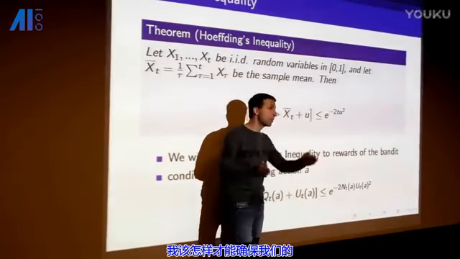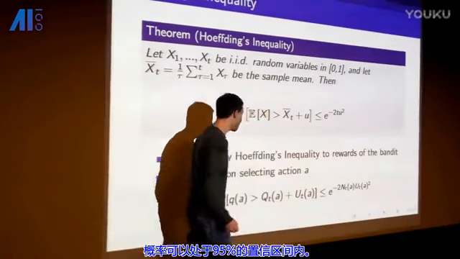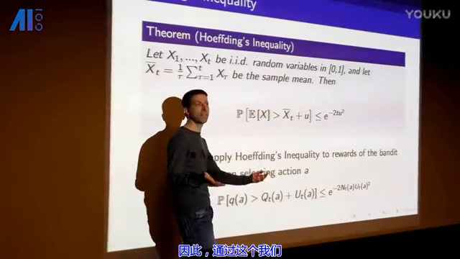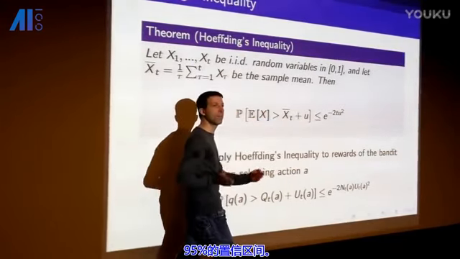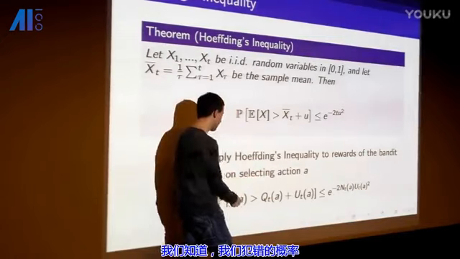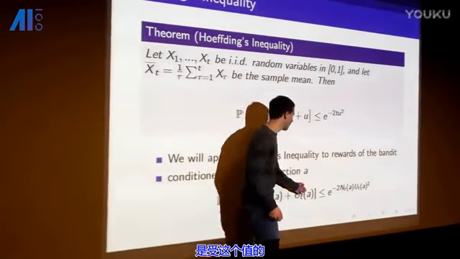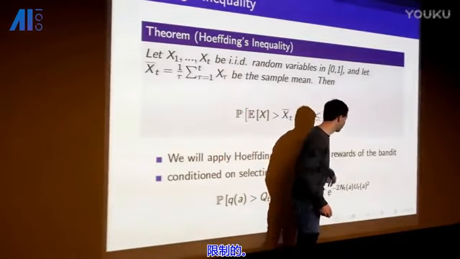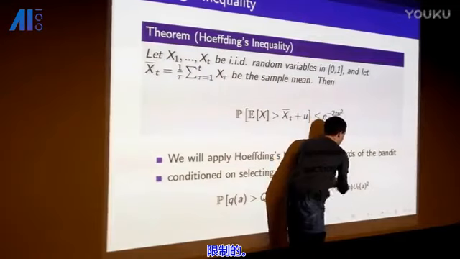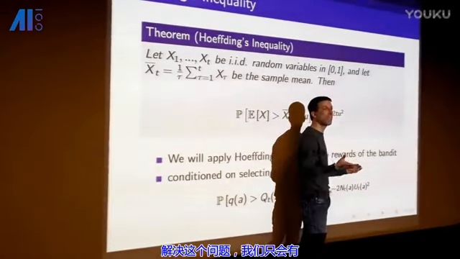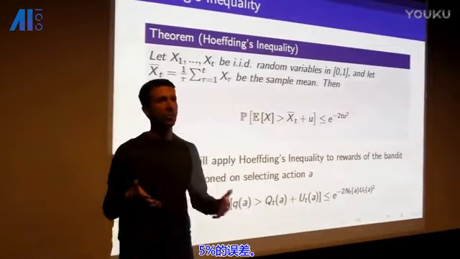So we want to know where I should place my upper confidence so that this probability is within, say, the 95% interval. This gives us a way to compute these 95% confidence intervals, because we know the probability that I make a mistake of more than this U value is bounded by this value. So if we plug in 5%, we'll solve for our upper confidence value in a very general way.